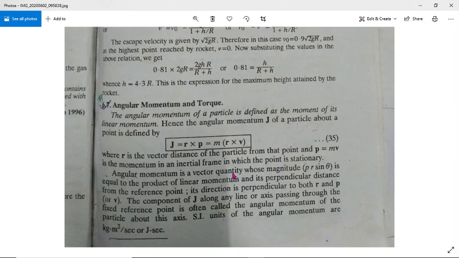Okay, the unit: mass is kilogram, velocity is meter per second, and R is meter, so the unit is meter square per second, or joule second.